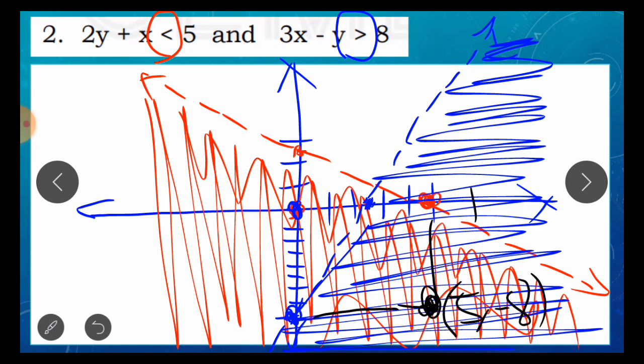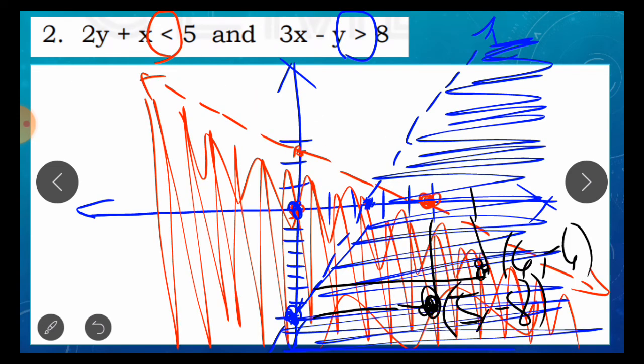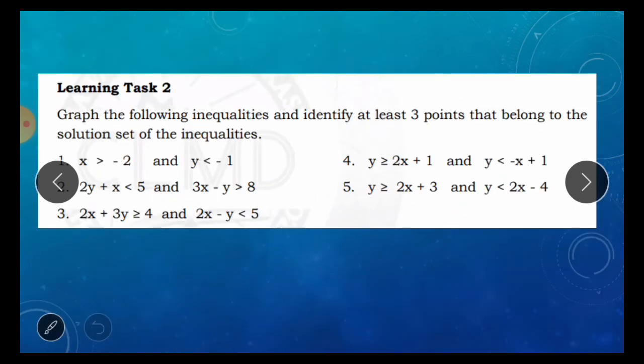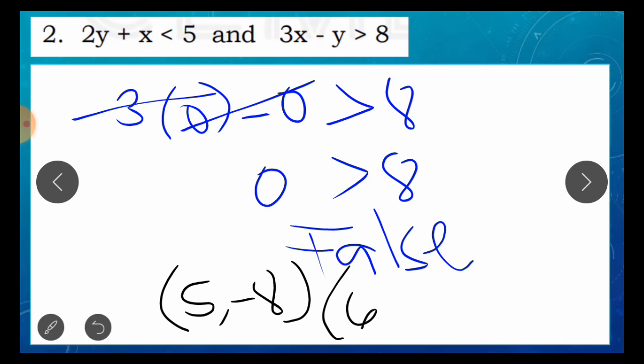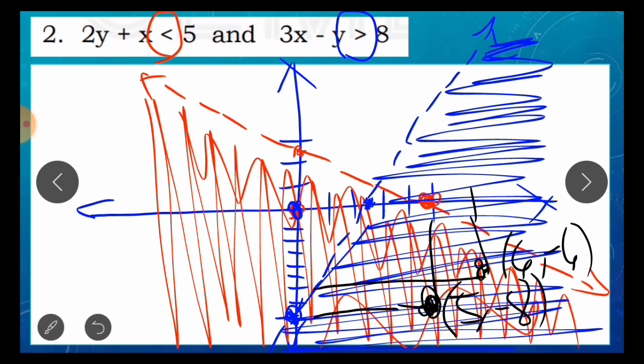This is 5, this is 6. And let's say this one. So this is 6, negative 6. Just make sure that the point that you're choosing is in the double shaded area.